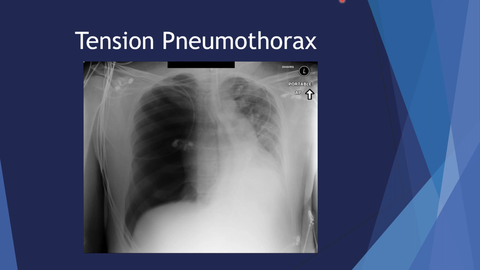In severe cases, it's going to increase that intrathoracic pressure. It's going to cause decreased venous return to the heart, decreased cardiac output, and it's going to actually put enough pressure on that heart where it can cause cardiac tamponade and lead to cardiac arrest.